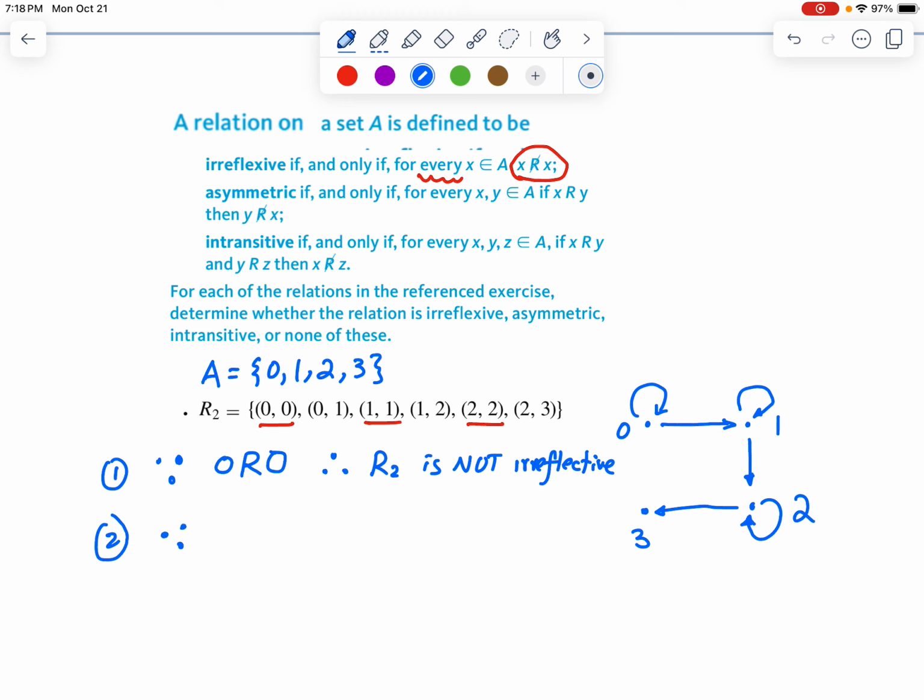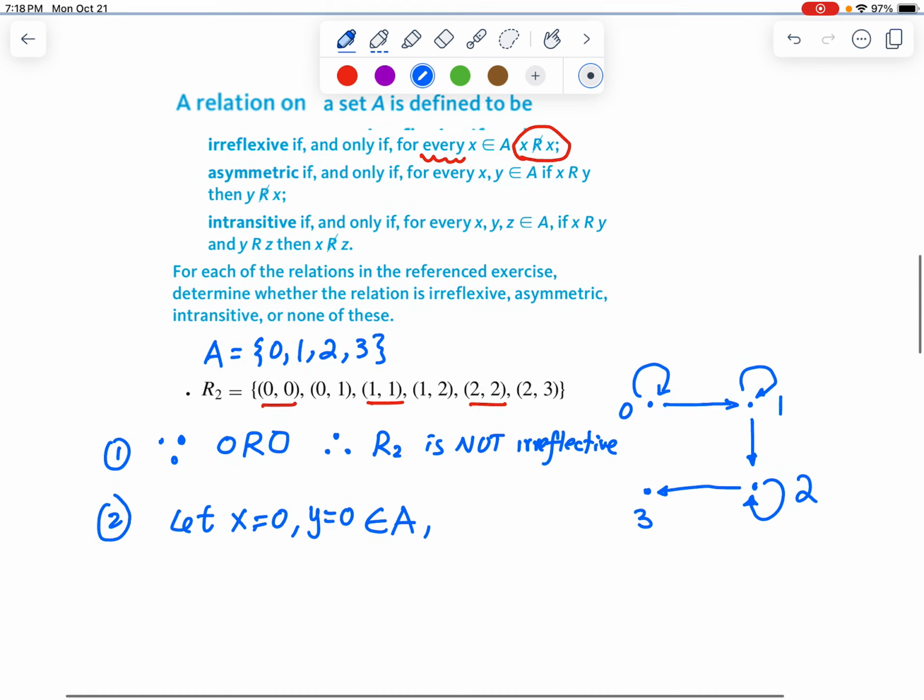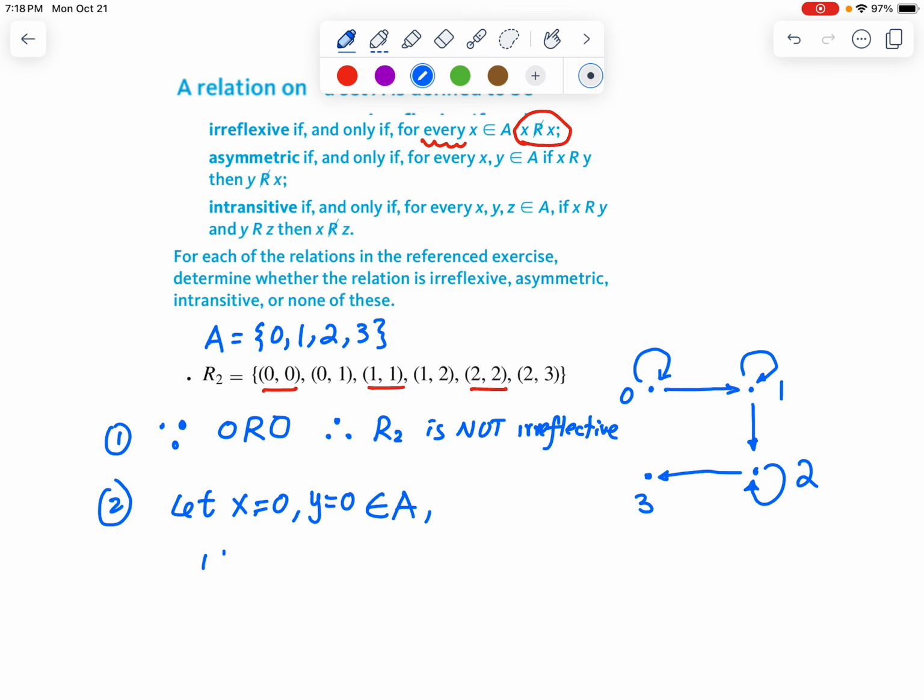Now, let's choose x to be 0 and y to be 0, so they're both in A, right? And we can see that 0 is related to 0.